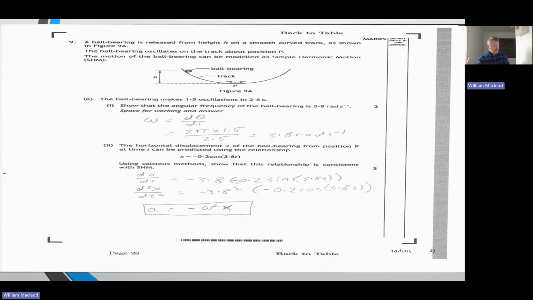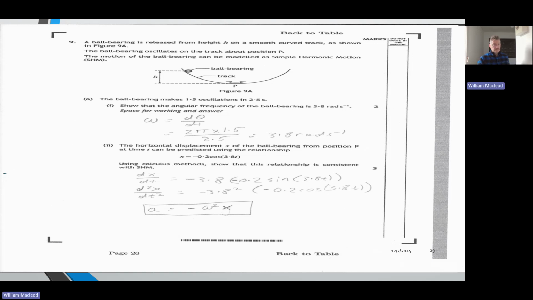So that would be minus 3.8 squared, and then in the brackets minus 0.2 cos 3.8t. So that is in the form of acceleration is equal to minus the angular frequency squared times x, or the displacement. So that would be consistent, isn't it, with simple harmonic motion, because it fits in with that relationship for acceleration for simple harmonic motion.